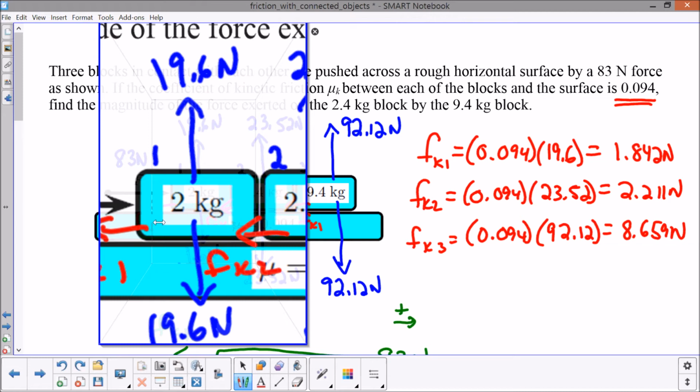There would be this friction force acting to the left. And there would be box 2 pushing on box 1 to the left. Those would be the three forces that you would look at together if you were looking at box 1.